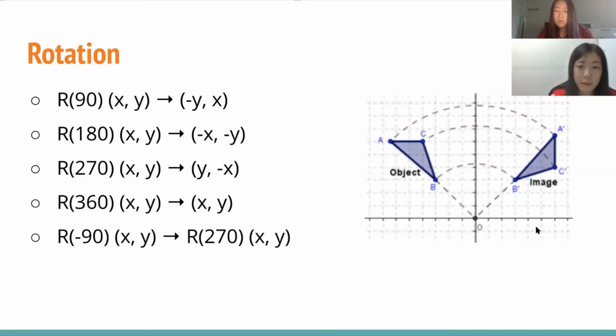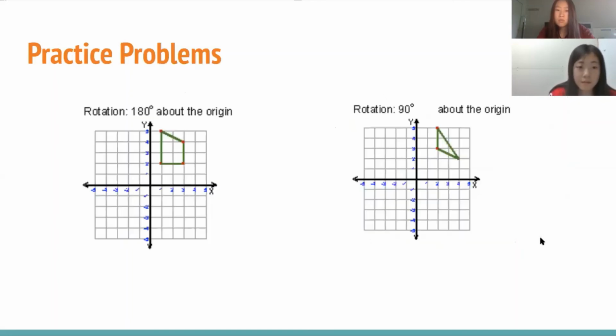Yeah, so here's a picture of a rotation of 90 degrees. Now let's again find all the points first. The first point over here is 1, 2.